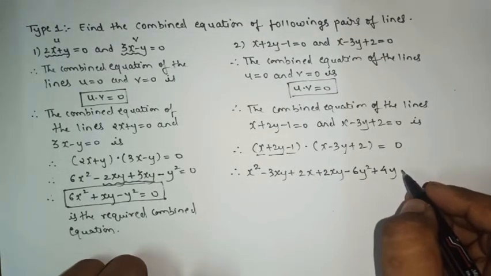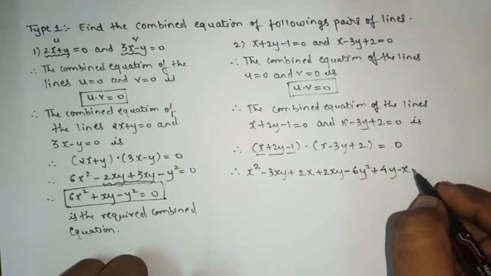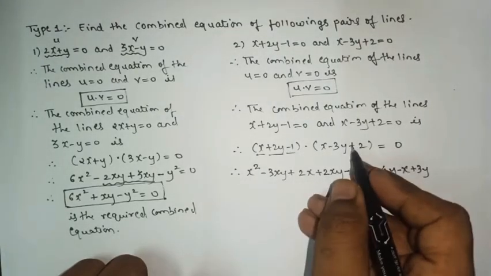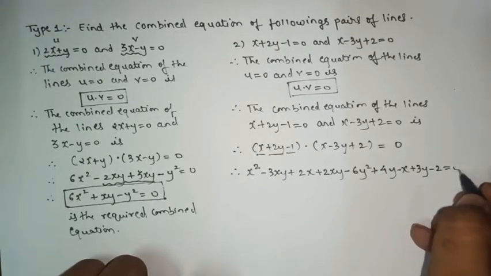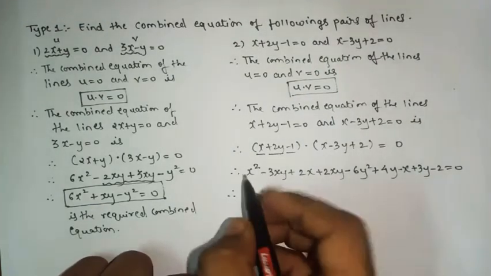Okay, so minus x, minus minus plus 3y, minus plus minus 2 equal to 0. Check out the like terms.